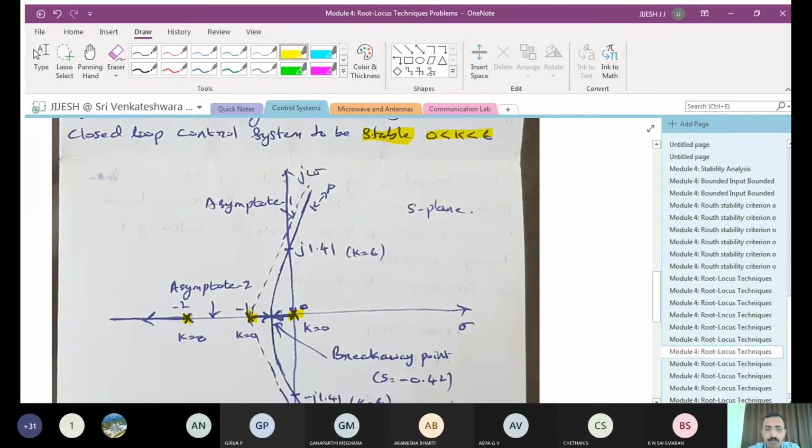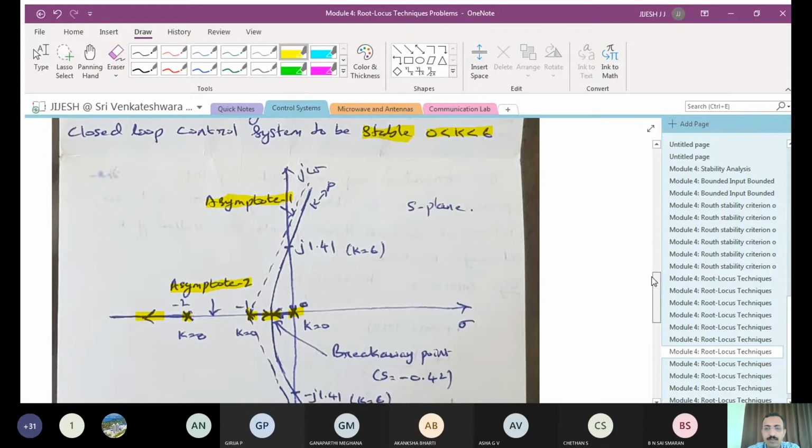So we have put the branches also, with arrow marks. Then you need to plot the asymptote at 60°. This is one asymptote. You draw a straight line taking 60°. Then the second asymptote is at 180°. Here you can see one asymptote, and I have put an arrow mark here.